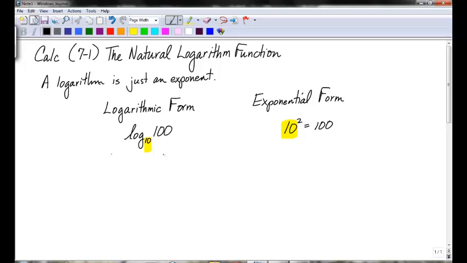And if it is base 10, it's a common logarithm, and you don't have to write the 10 down. And the exponent is just the logarithm. Okay, so those should kind of pair up. We're going to go color coded here. Okay, so the exponential form and the logarithmic form.